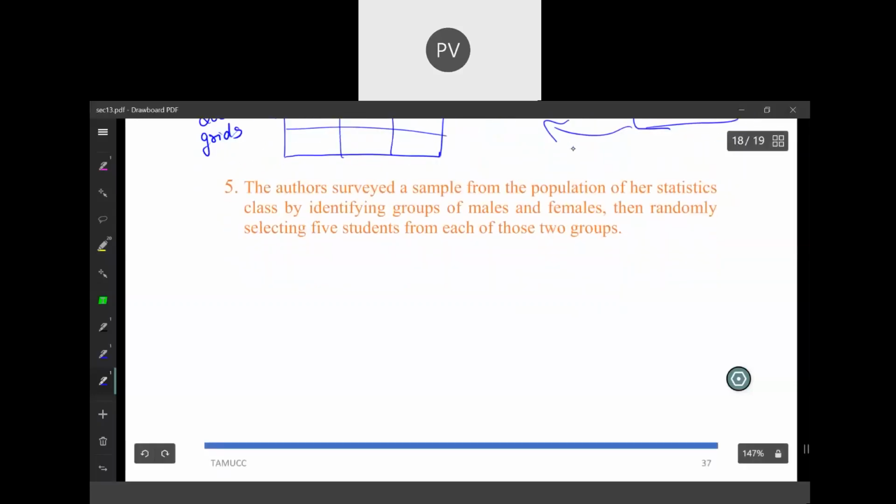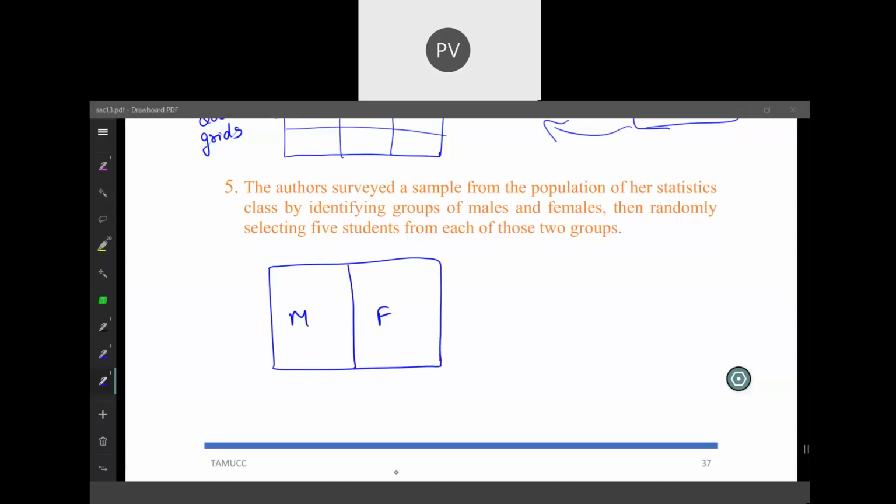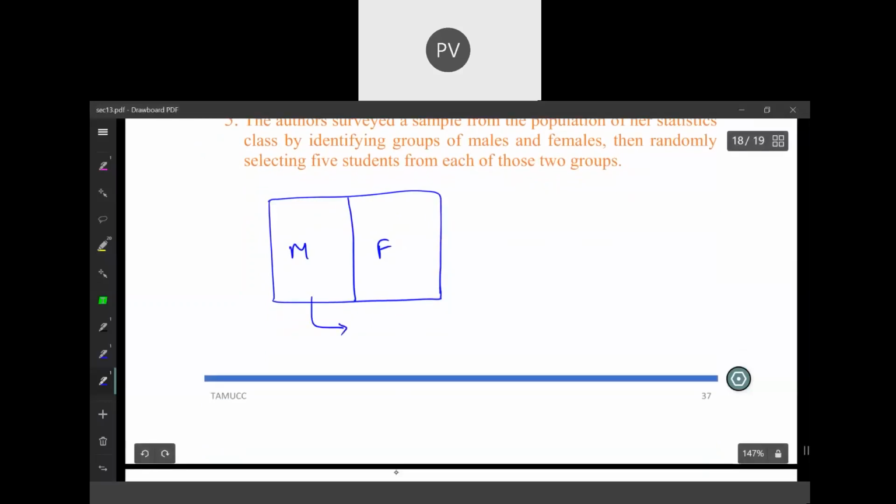So you have the entire population of students, and she is dividing them into two groups, male and female, and she is going to select 5 students from each group.